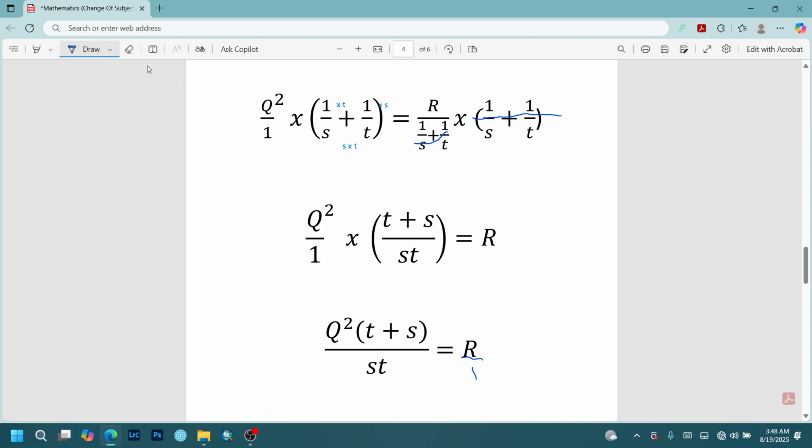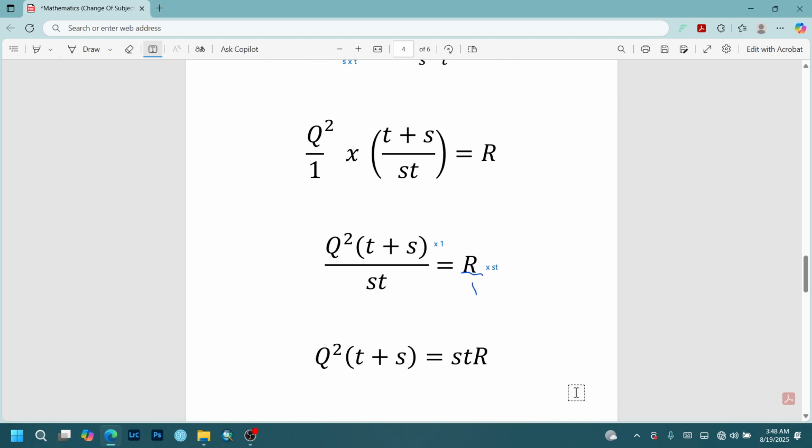So we are going to have k square multiplying t plus s, all in brackets, multiplying 1, okay, and st would also cross and multiply r, okay, right?